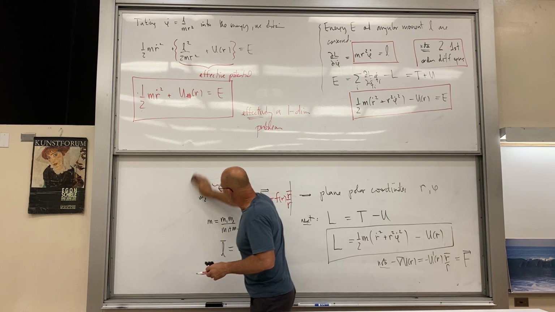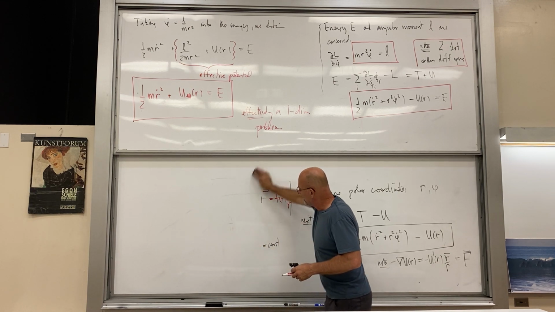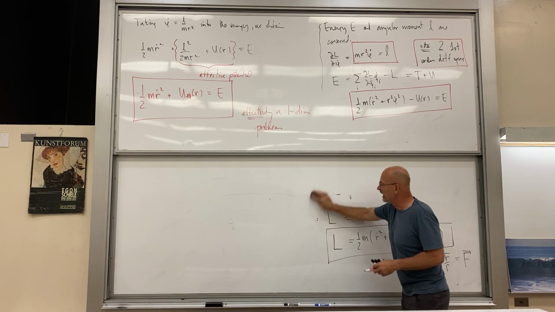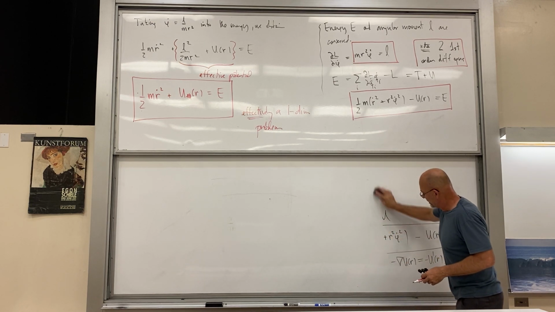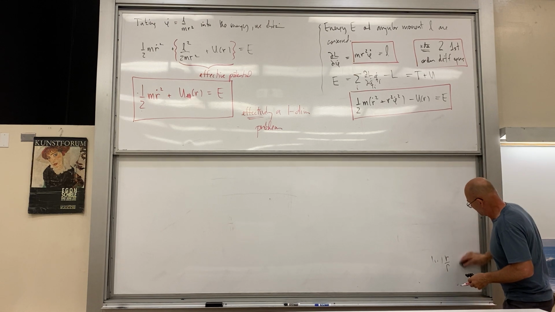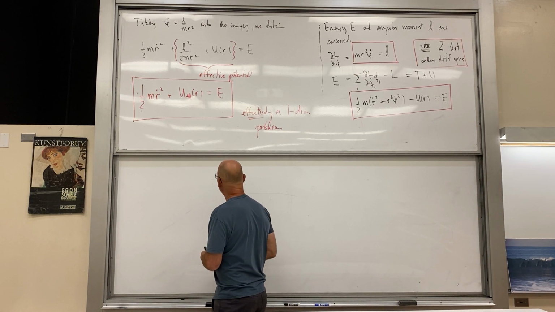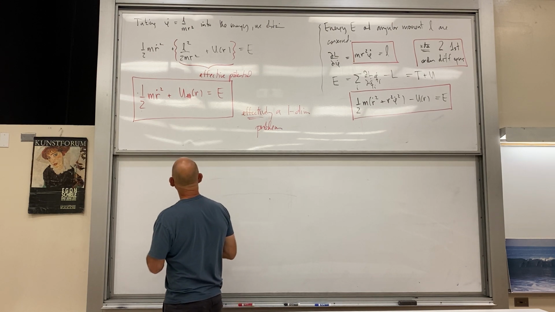So now I'll remind us of how we deal with one-dimensional problems with a potential energy. We just change the name to r, but other than that, we've studied this before.